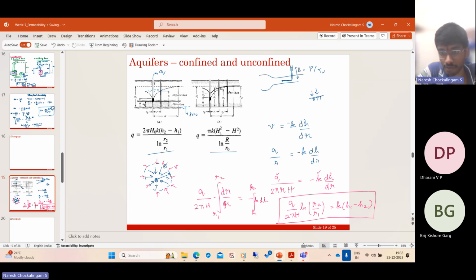So what we want to find out, we have got this. You get Q equals 2 pi H K into H1 minus H2 divided by log of R2 by R1, where H1, H2 are the levels if you measure this directly at R1 and R2 respectively, where R1 is closer and R2 is farther away.